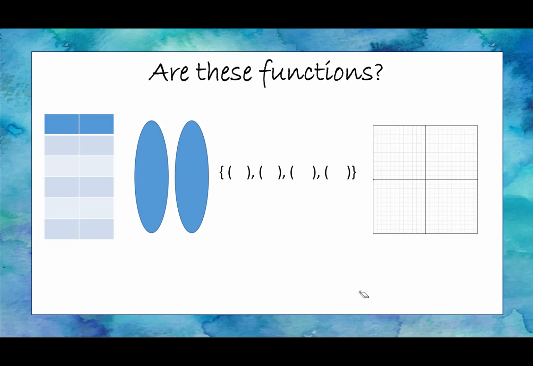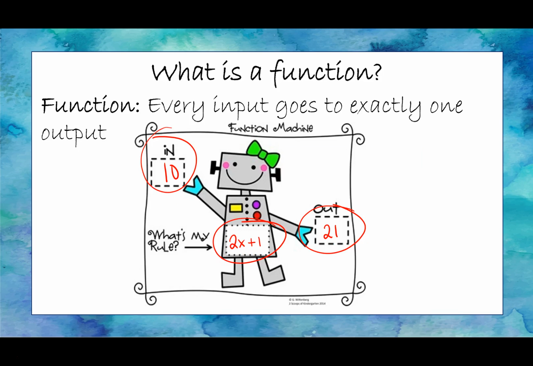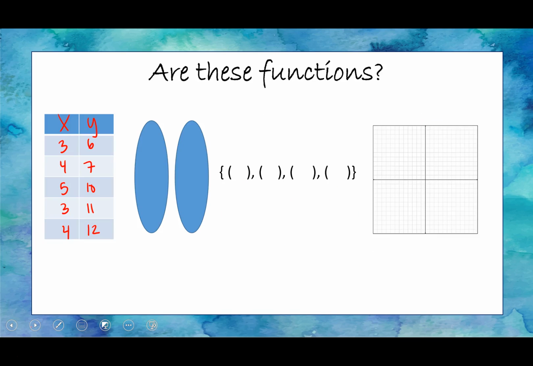So for example, if I have 3 go to 6, 4 go to 7, 5 go to 10, 3 go to 11, and 4 go to 12. Is that a function? Well, the answer is no, because remember, our definition was that every input goes to exactly one output, and that's not what we're experiencing here.